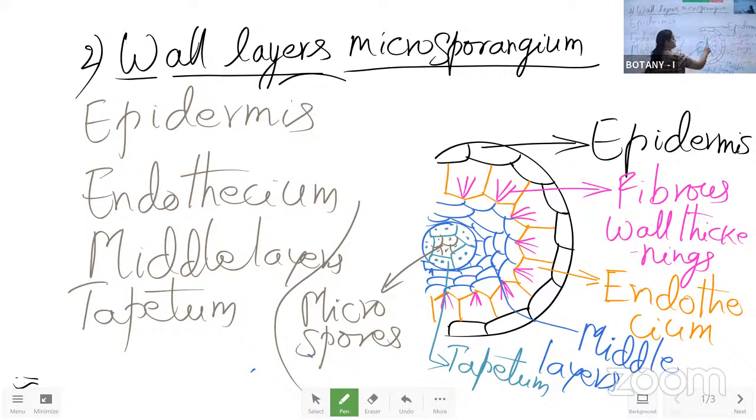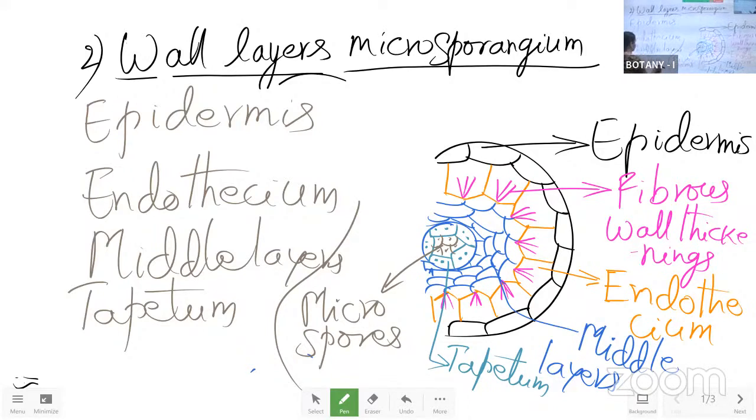In these cells, fibrous wall thickenings are there, which give extra support for the microspores present in the microsporangium. All the endothecial cells are hygroscopic in nature. When a dry atmosphere is there outside, after attaining maturity, the endothecial cells will shrink and make the stomial cells split and release the microspores into the outside dry atmosphere.